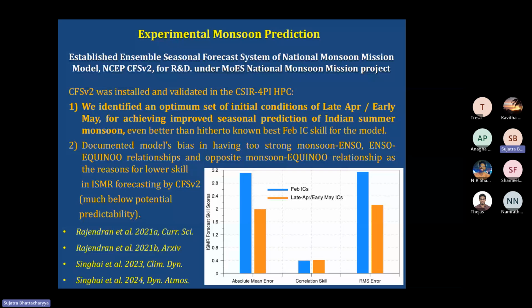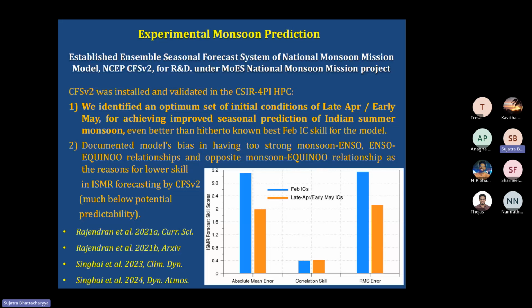But our finding was that you may not need an extensive simulation covering February. Instead, if you take a few initial conditions from April and early May, that can also give equally good skill. For example, comparing the February initial condition with the late April and May initial conditions, you get equivalent skill, and the absolute error is slightly better.